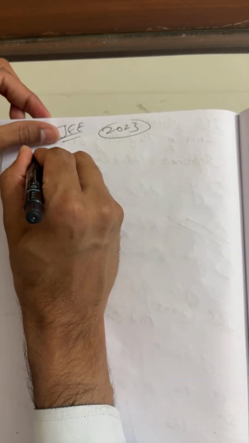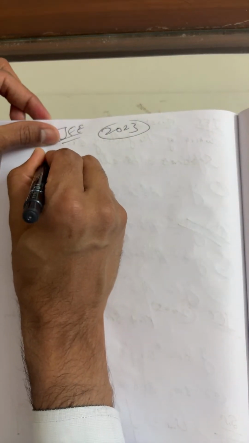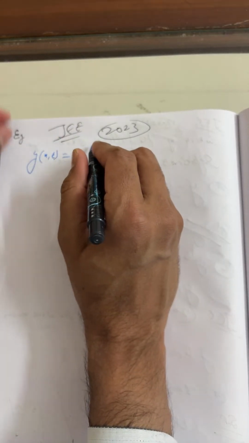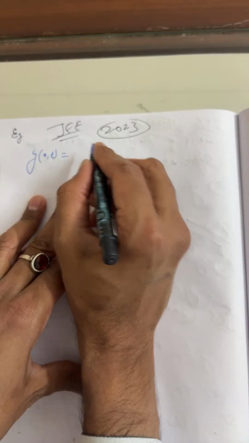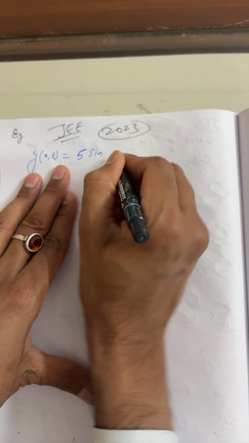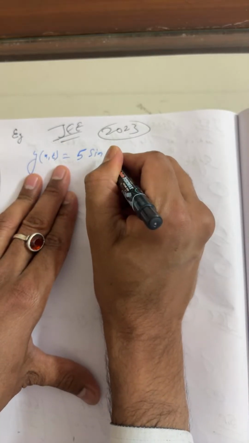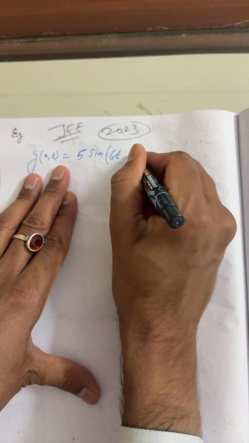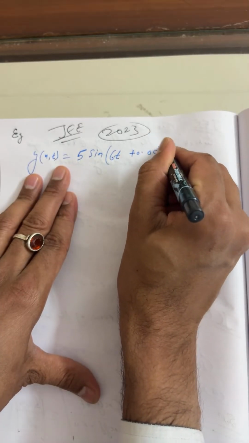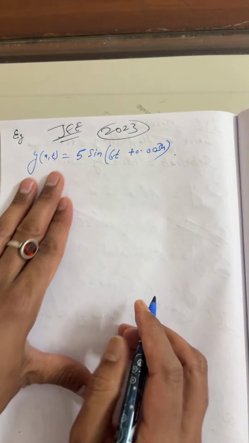J2023. So what's the question? Y as a function of x comma t. Find the velocity. Y is 5 sine (60t plus 0.003x).